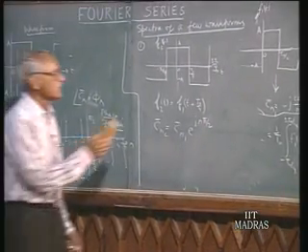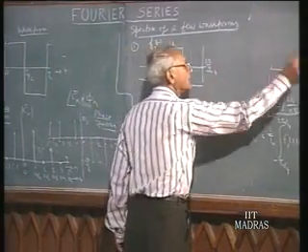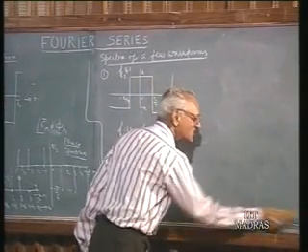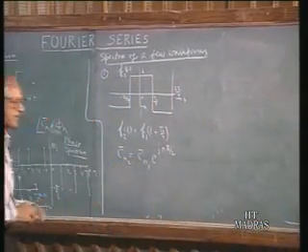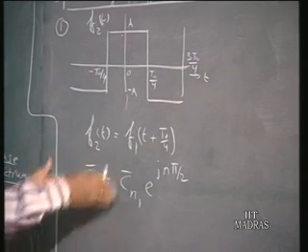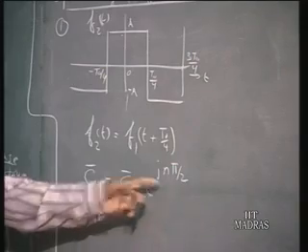So what is the spectrum of this? How does it look? The magnitude spectrum will be the same as that of Cn1. Why? Because the magnitude of Cn2 is the same as the magnitude of Cn1, because the magnitude of e power jn pi by 2 is 1.